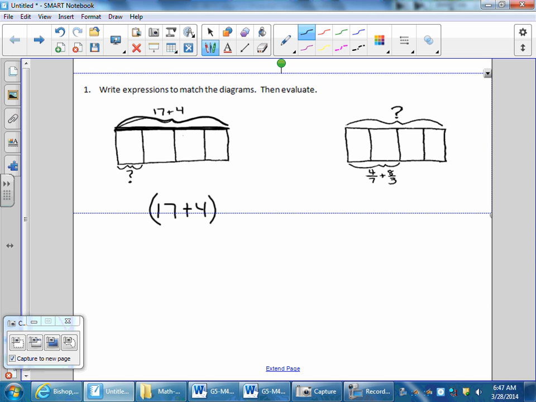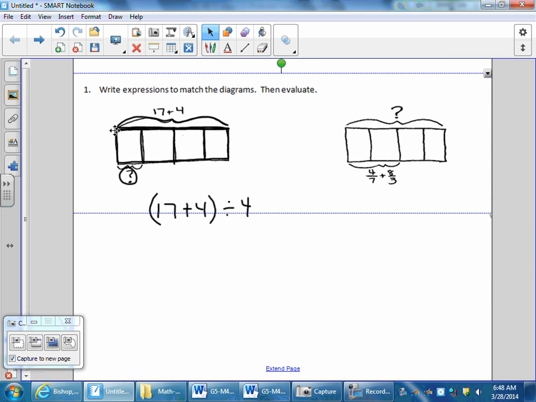What I'm looking for is the question mark. And I know from previous experience that I've taken that total and divided it into 4 units with this tape. So I would just take that 17 plus 4 and divide by 4 as the expression.